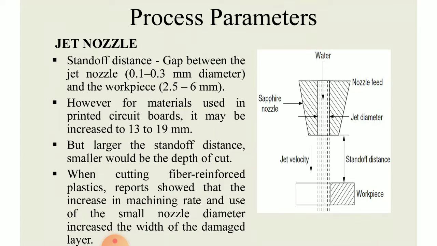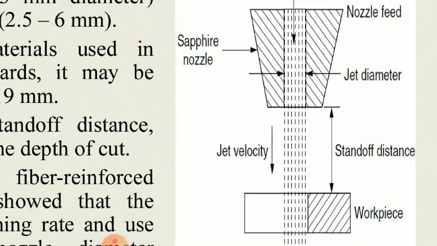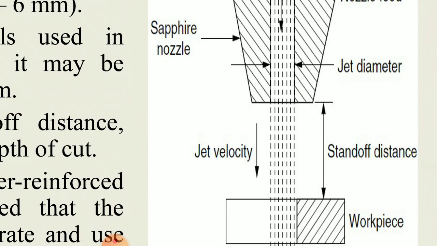Right. Here, another detailed parameter is shown, wherein I would like to focus on the standoff distance. Right, the standoff distance is nothing but the distance between the nozzle and the workpiece.